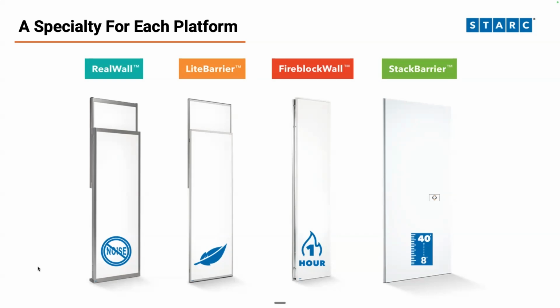As you'll notice on this slide, we have a 4th product called Stack Barrier. We tend to not sell that into healthcare settings because it's meant to be more modular in terms of cutting it down, and we don't want that dust and debris in a healthcare environment. So these solutions aren't ICRA compliant, but they can be part of the solution to get to ICRA compliance.